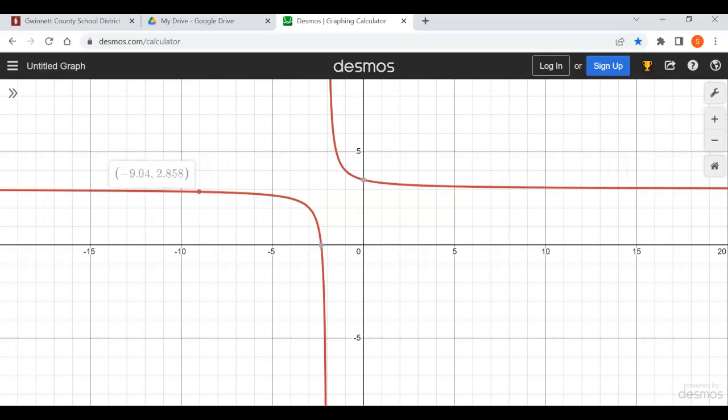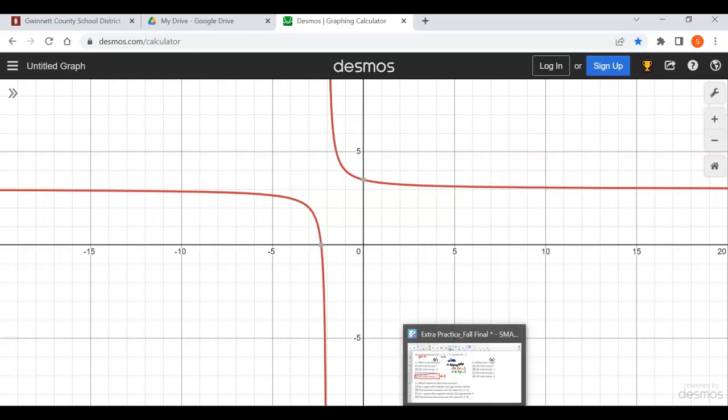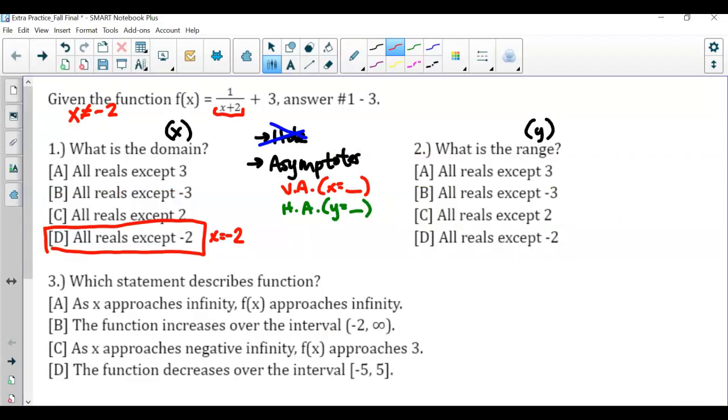Again, notice here how it's approaching, but never reaching that y value of 3. So that is our horizontal asymptote. Because the horizontal asymptote is y equal to 3, that is our range. It's all reals except for that y value of 3.